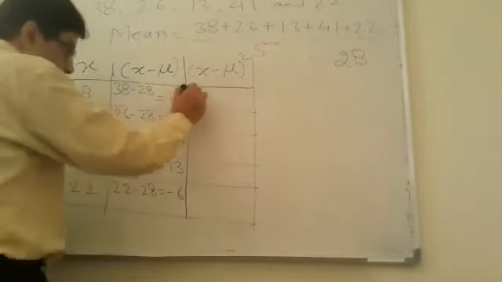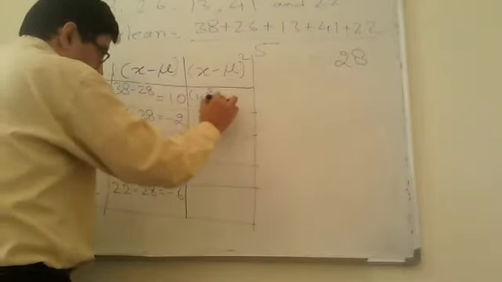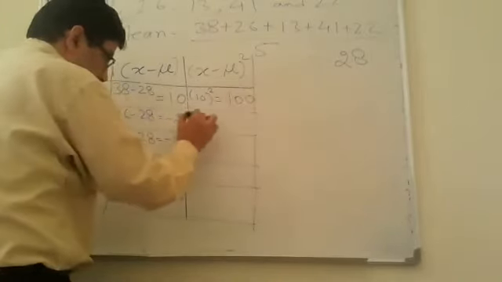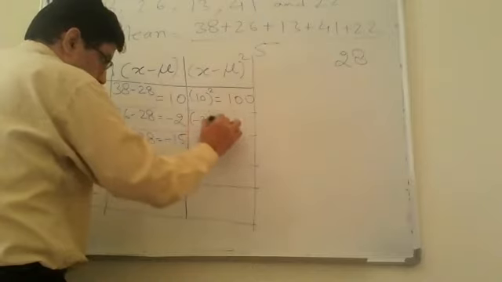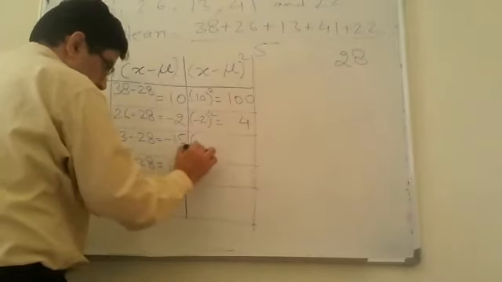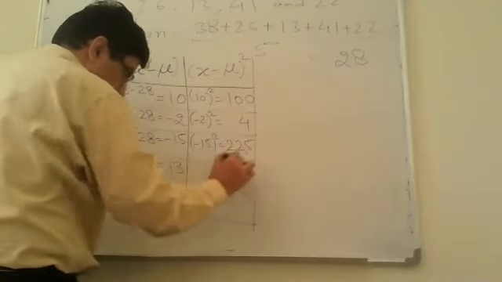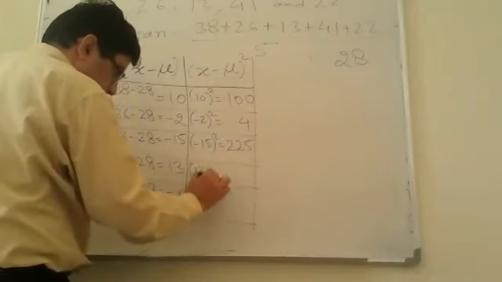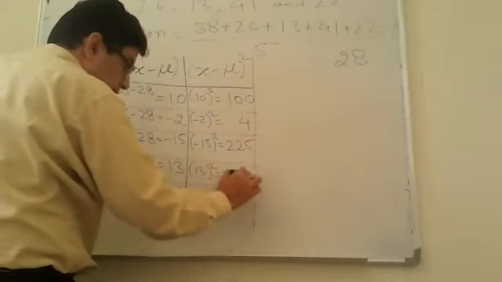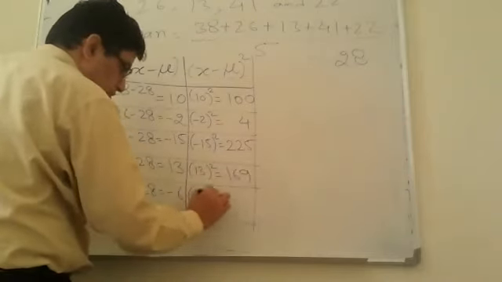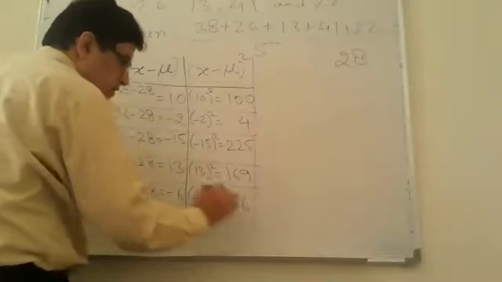So the square of 10 is 100. For minus 2, it's 4. Minus 15 squared, 225. 13 squared, 169. Minus 6 squared, 36.